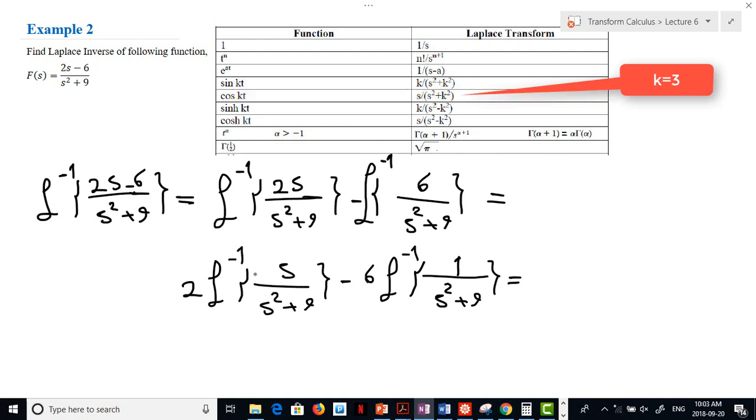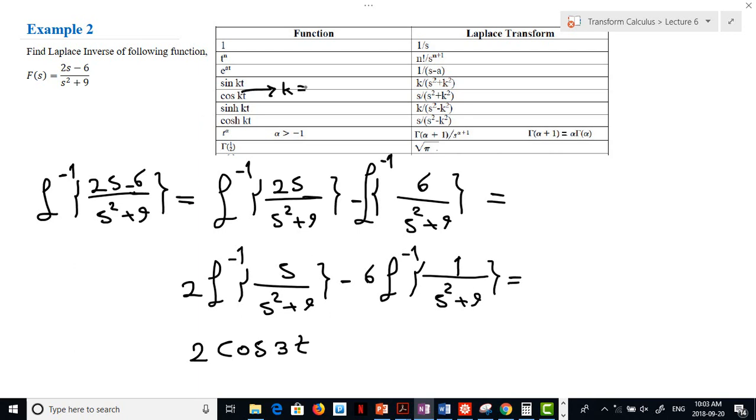As a result, I can say that the Laplace inverse of s over s squared plus 9 is equal to cosine 3t. So we have 2 times cosine 3t, because in this part I have to consider k equal to 3, and then I can see that I have the Laplace transform exactly like what we have here.